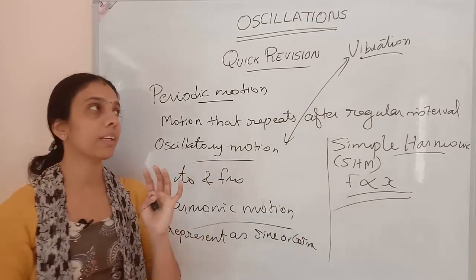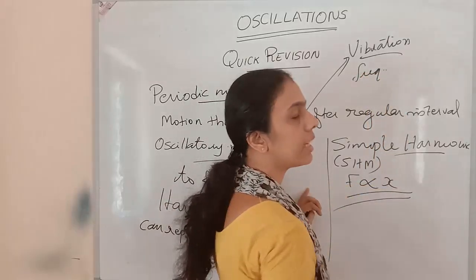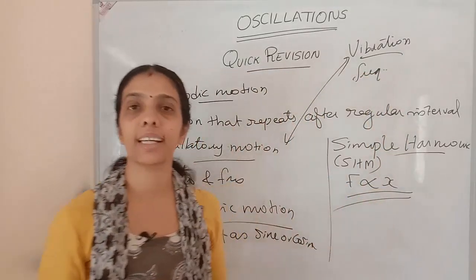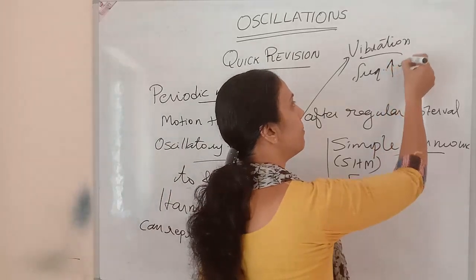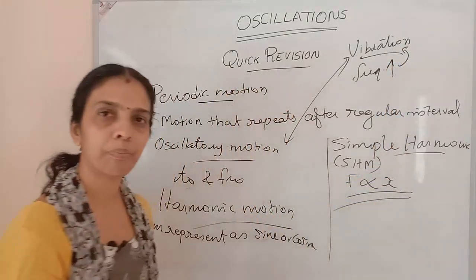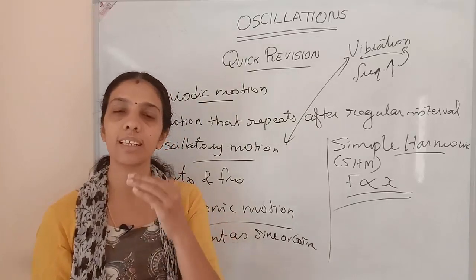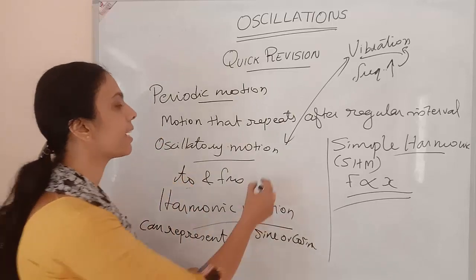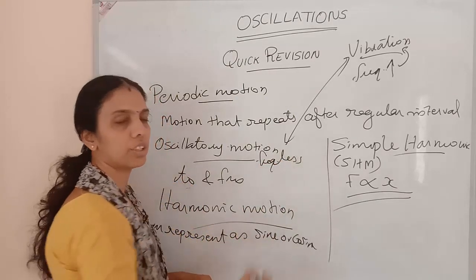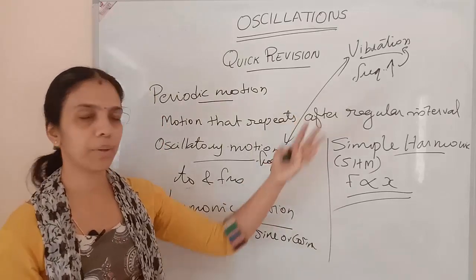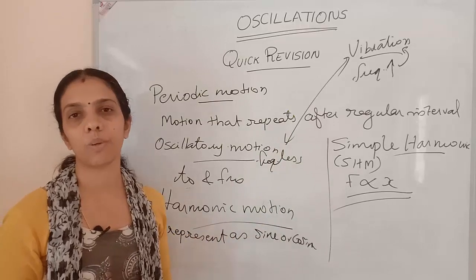Frequency is the number of oscillations in 1 second. If frequency is more, then we can say it is vibration. If the number of oscillations in 1 second is less, then it is called oscillation. Oscillation means frequency will be less, vibration means frequency will be more.